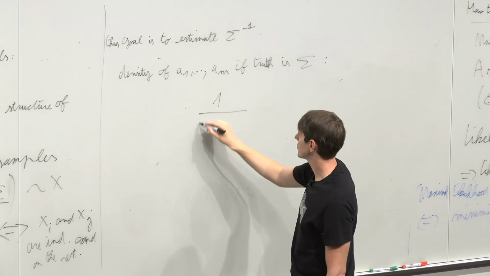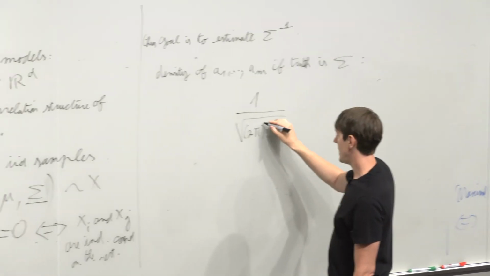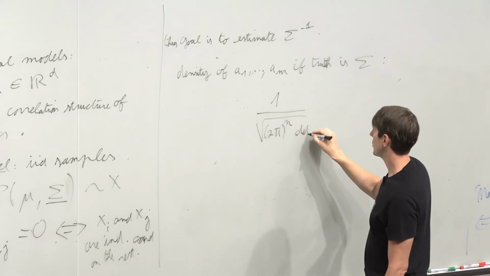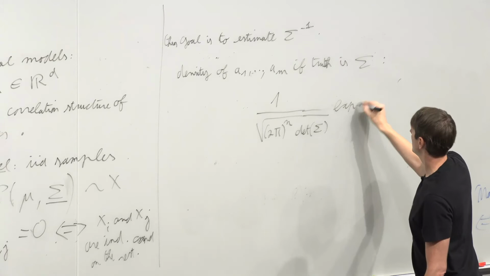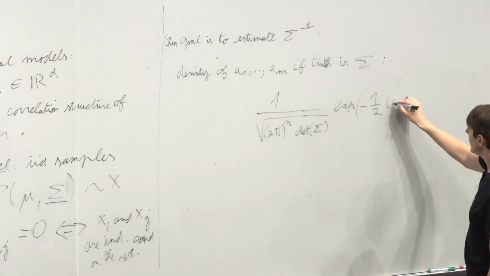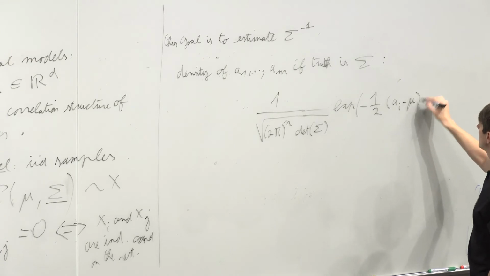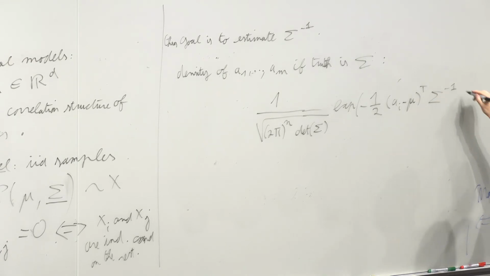I get 1 over square root of 2 pi to the n times the determinant of sigma, times the exponential of minus 1/2, and then ai minus mu transpose sigma inverse ai minus mu.